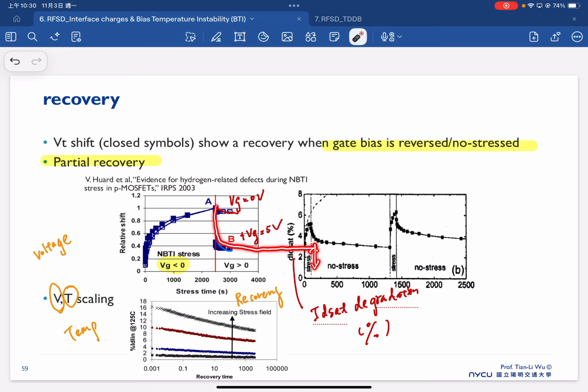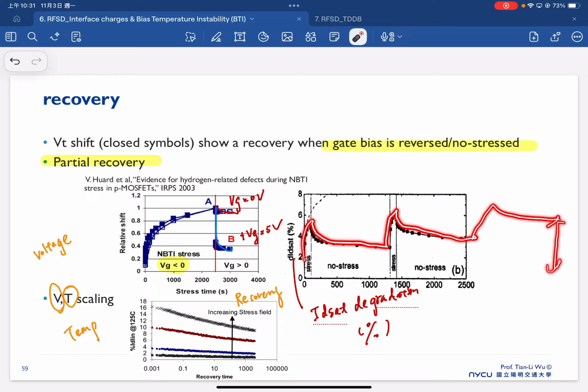And partial recovery causes a huge problem, because imagine this is a real product you operate. You stress, turn on your device, turn off, turn on, turn off. But after 1,000 cycles, 10,000 cycles, the threshold voltage is still larger than the initial one.